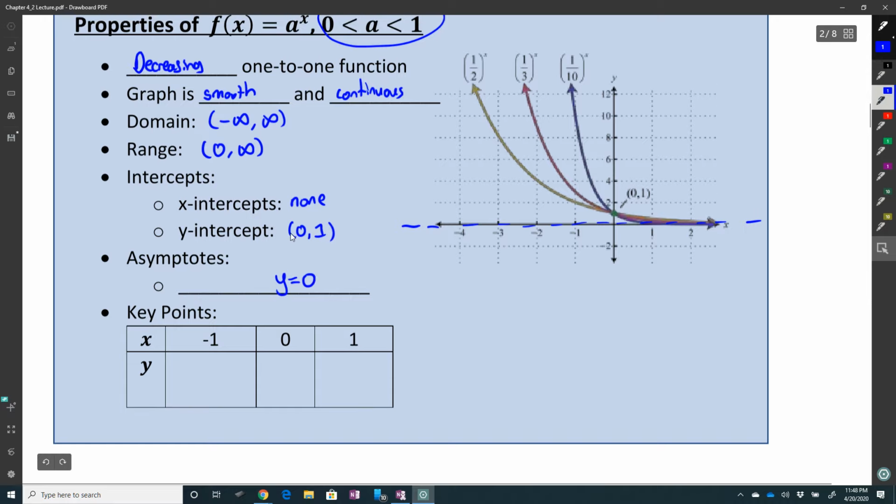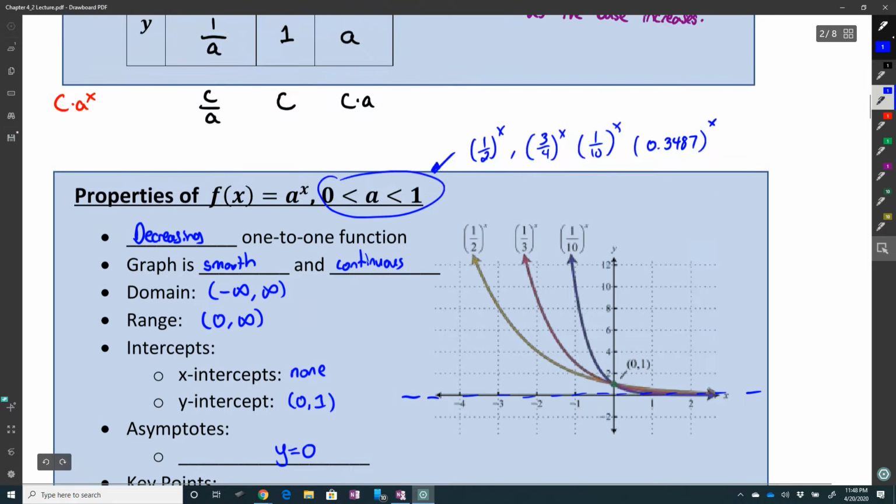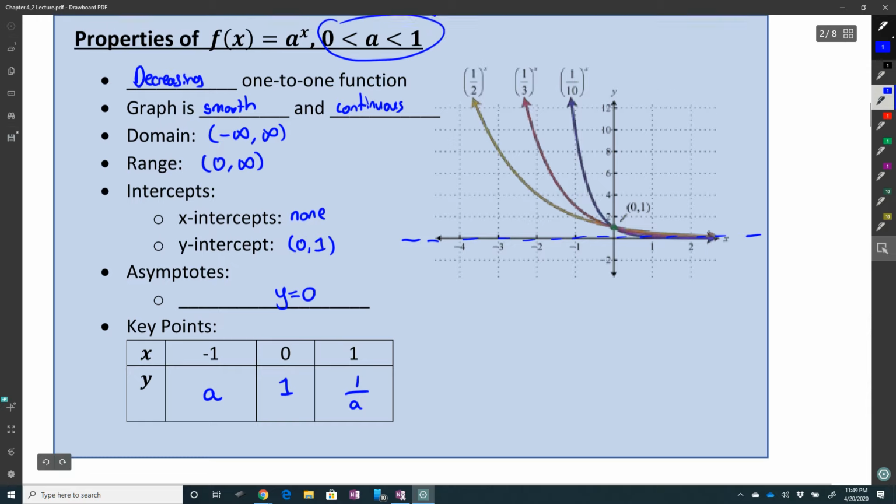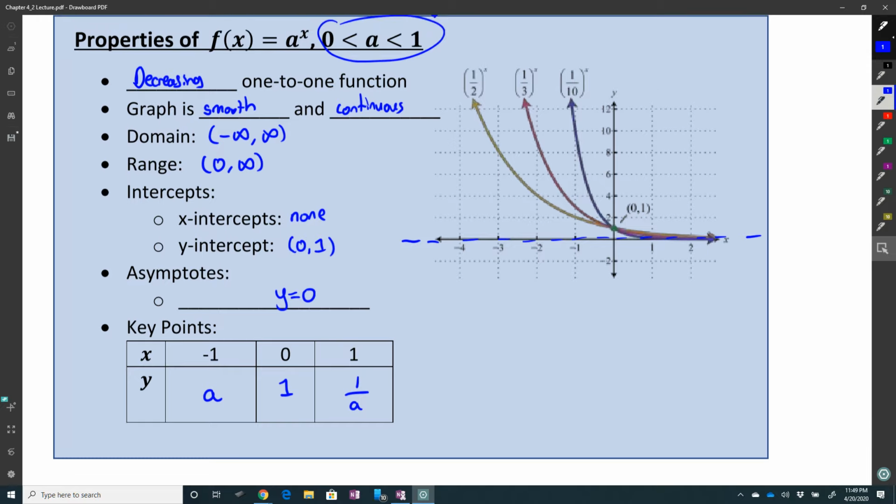All that changes is now the points. Instead of it being 1 over a over here and a over here, the a is on this side, and the 1 over a is on this side. And so what happens here is, as the base gets closer to 0, it gets steeper.